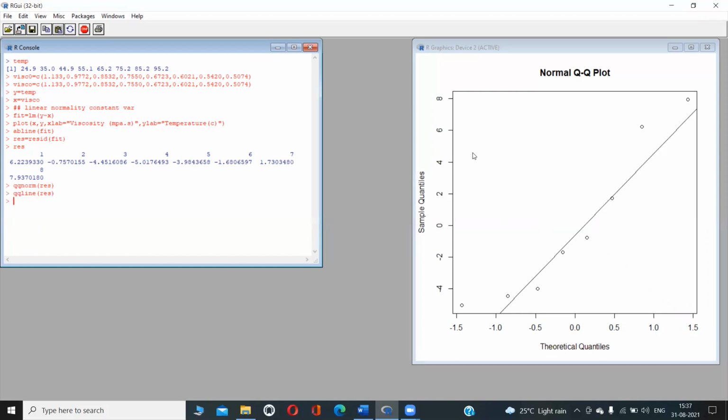This variable does not satisfy these two assumptions. Now the third assumption is constant variance. To check the constant variance, we'll plot another graph, and that is plot of fitted values against residuals.